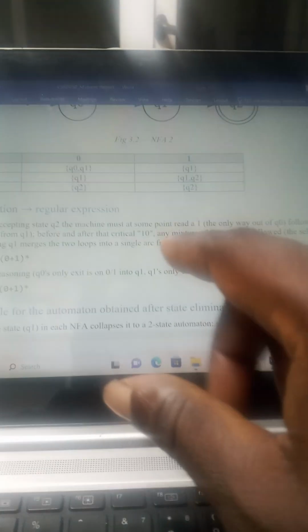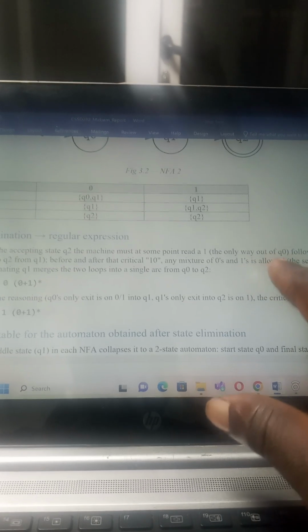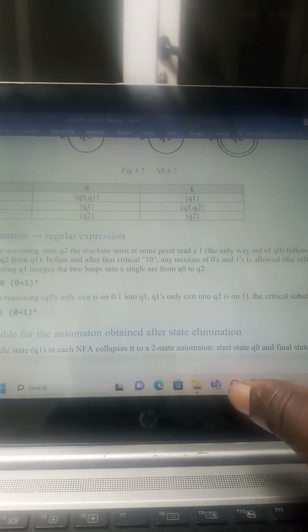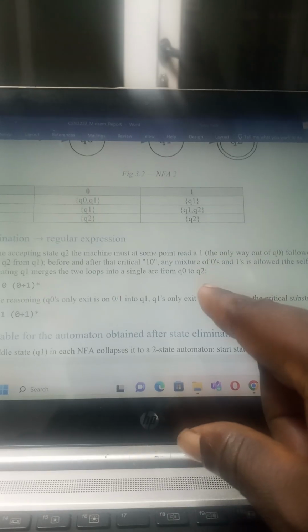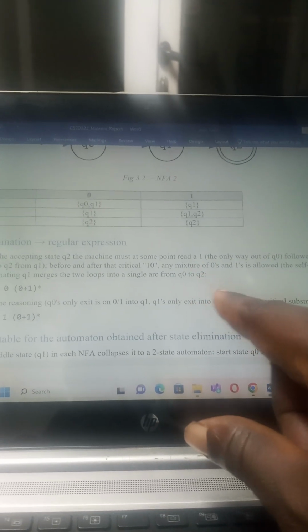Before and after that critical 1, 0, any mixture of zeros and ones is allowed, by the self loops on Q0, Q1, and Q2. Eliminating Q1, merge the two loops into a single form from Q0 to Q0. So you can see that everything is explained for you to get a clear understanding.